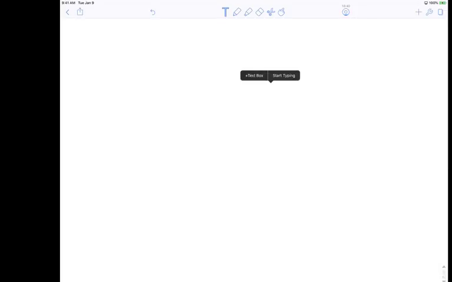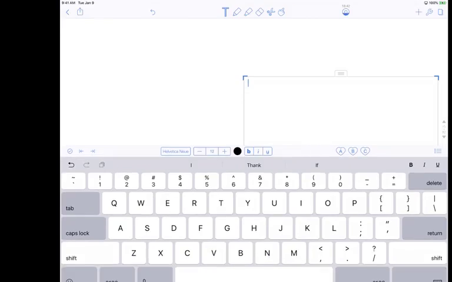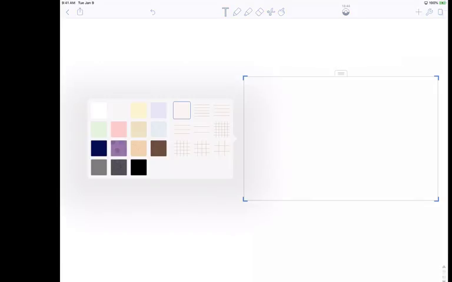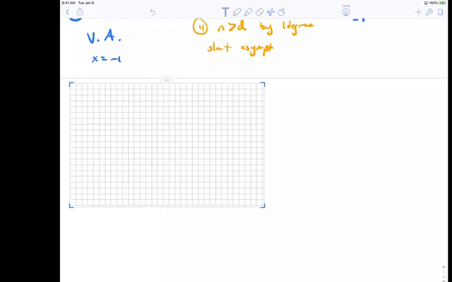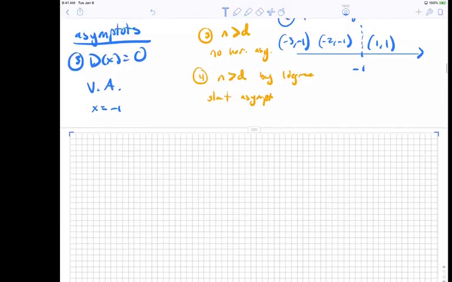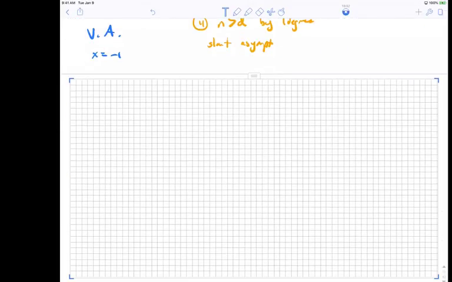Text box, space, paper, graph paper. Okay, cool. So we said let's go like 6 or 7 in all directions. That should capture everything. We're doing it manually just so you can see that it actually works. And we're still at 20 minutes, so we're good.